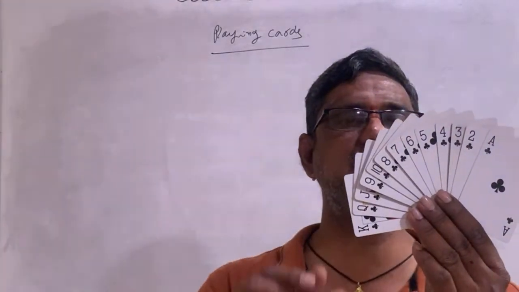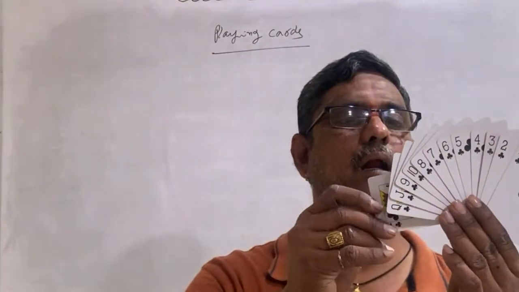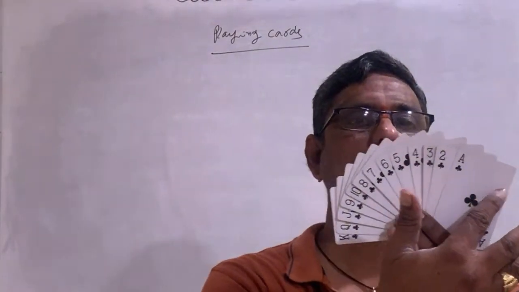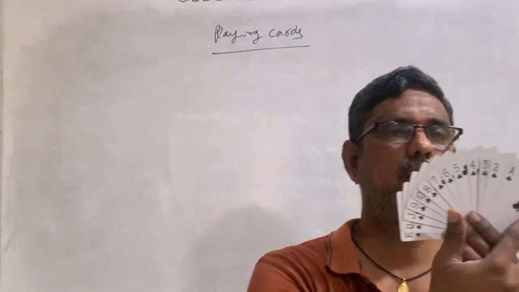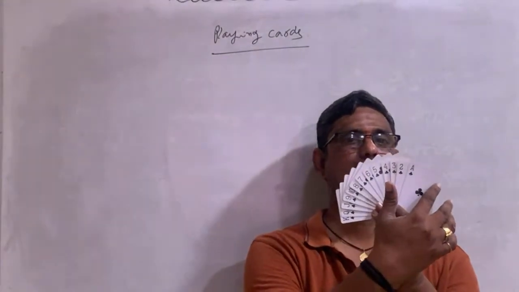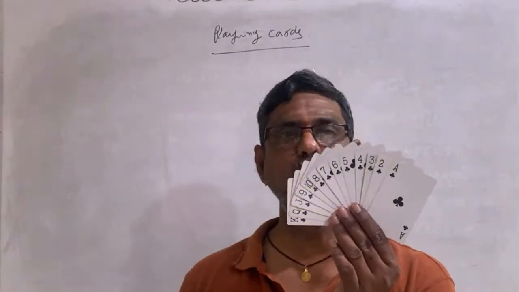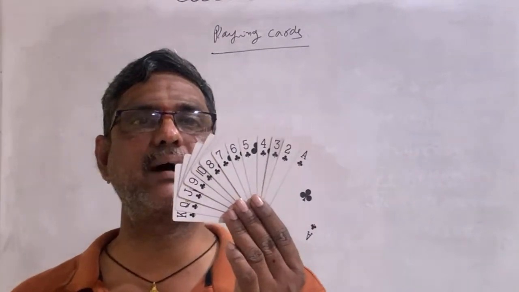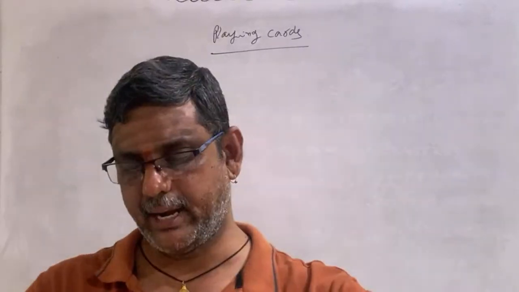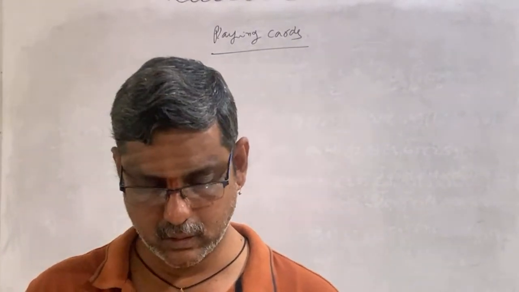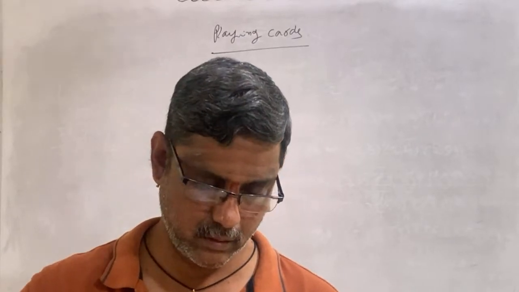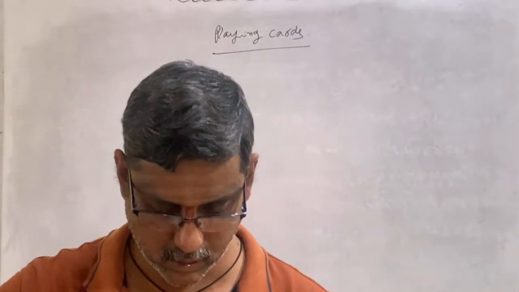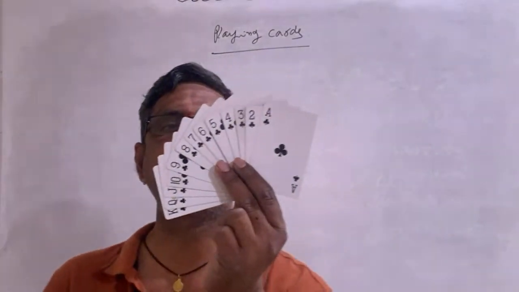In those 13 cards, this one is what we call ace. And there are number cards from 2 to 10. You can observe some numbers over here from 2 to 10.